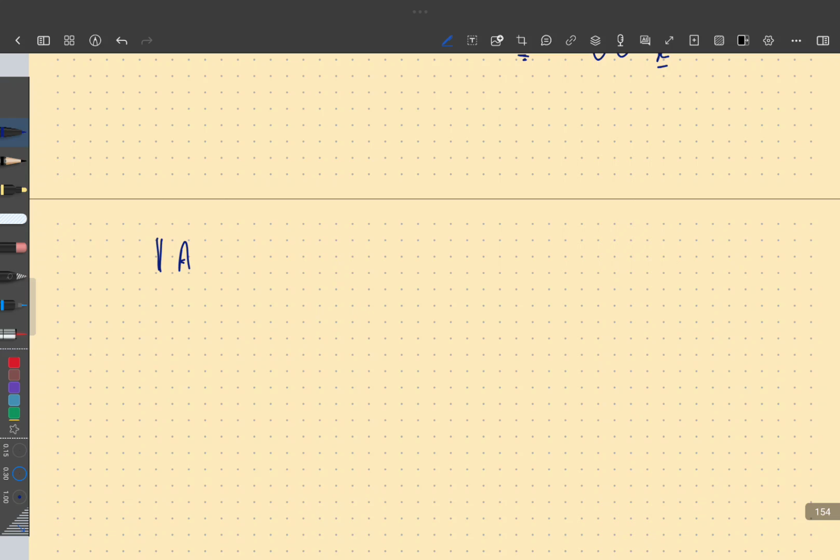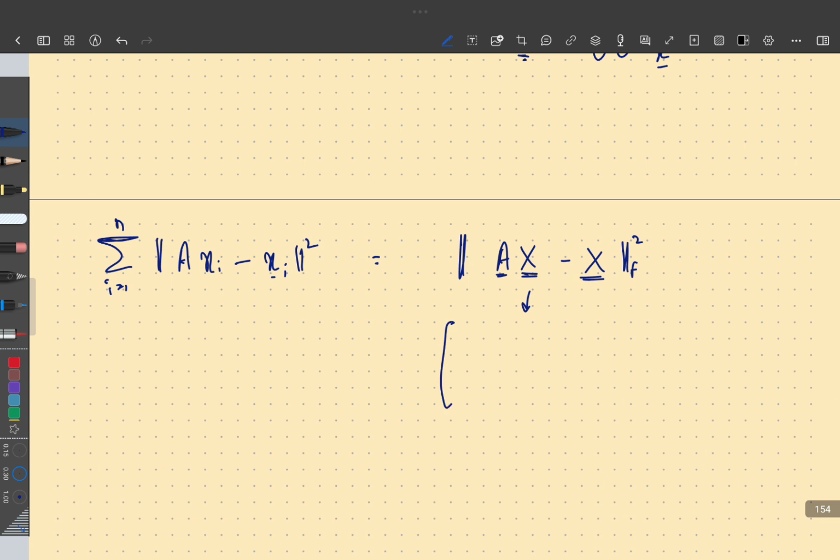If I look at the sum over i equal to 1 to n of the norm of A xi minus xi squared, I can write this as the Frobenius norm squared of A X minus X, where X is a D by N matrix with the data points as the columns.